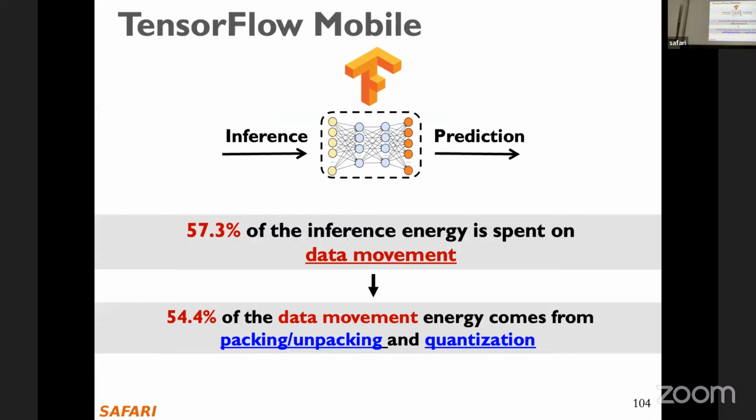Looking at the workload analysis, this is the TensorFlow mobile workload. We saw that the inference energy is heavily bottlenecked by data movement, and this data movement comes from the packing, unpacking, and quantization functions in these TensorFlow models.